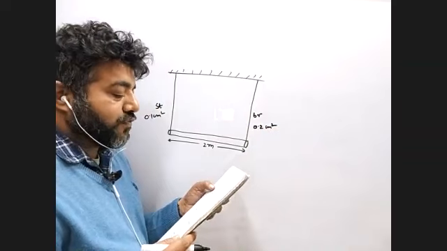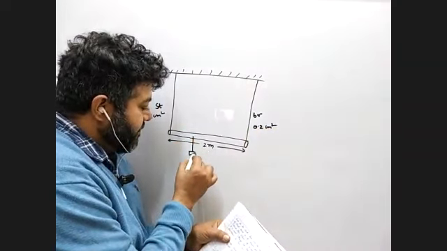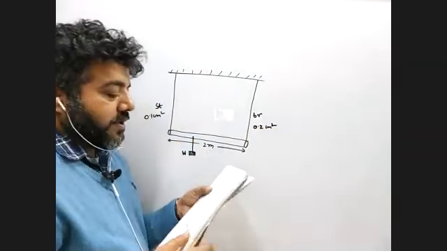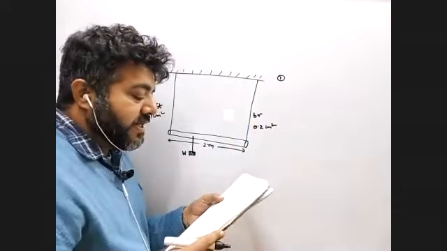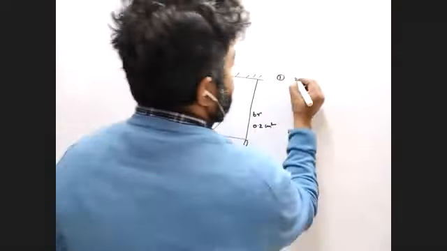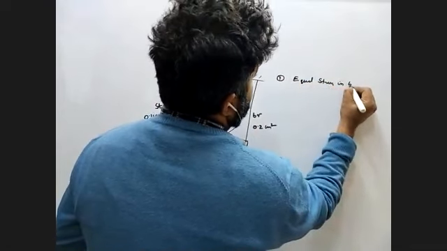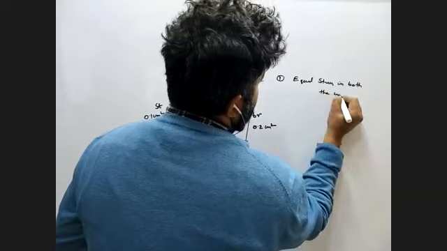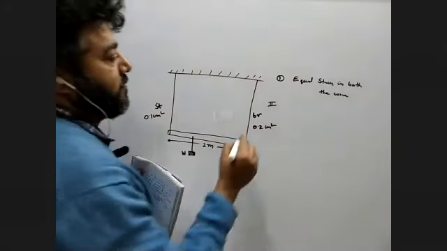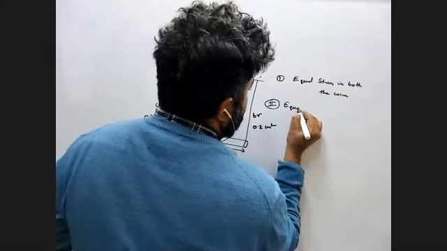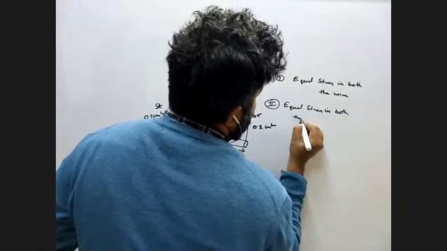Along the rod, at which distance should a weight be hanged to produce, number one, equal stress in both the wires, number two, equal strain in both the wires.